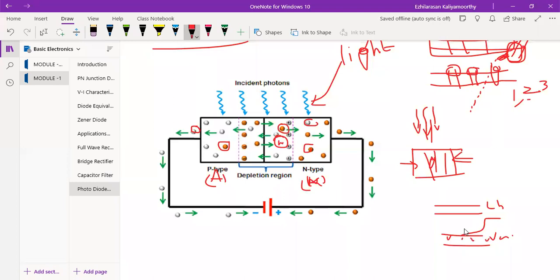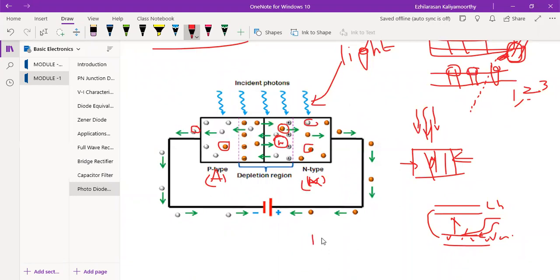When you pass light on the valence band, electrons jump from the valence band to the conduction band. This is the band gap. The free electrons will then move freely from one place to another, carrying the electric current.